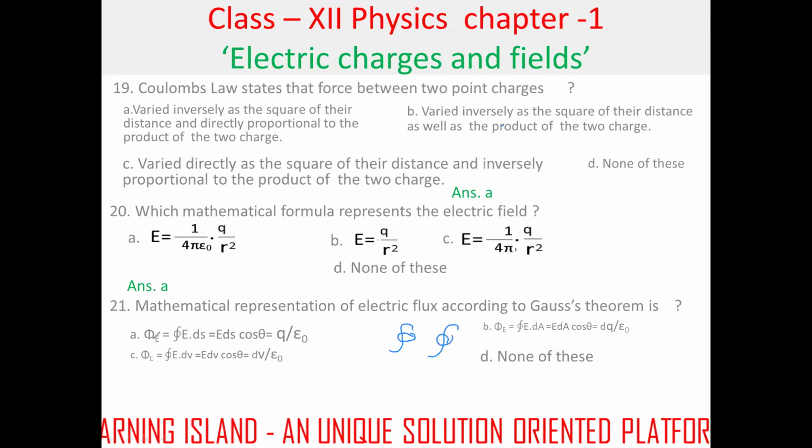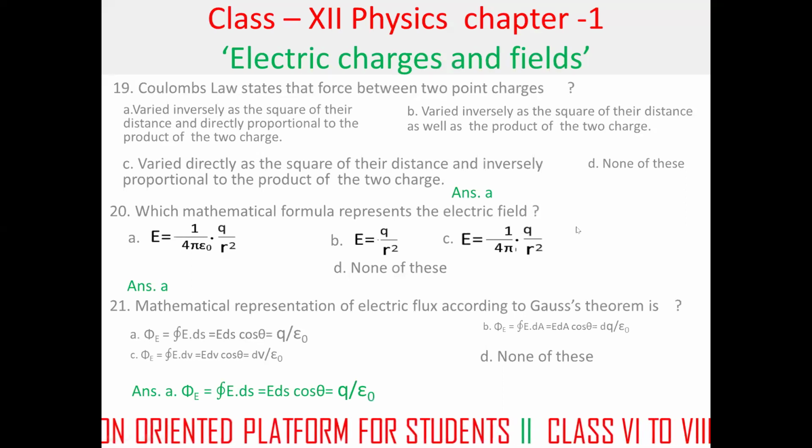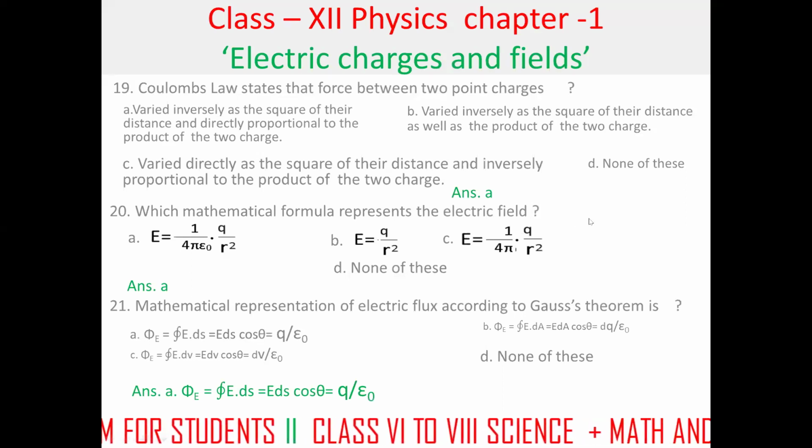So phi E means flux. Closed surface E dot dS, this means the area vector. So it is cos theta, you know this all. So the answer would be option A, as per Gauss's law.